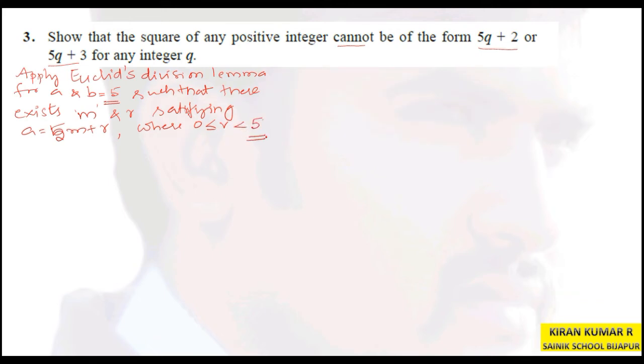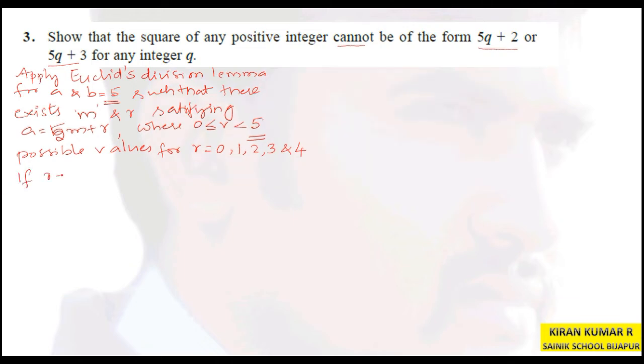In the previous two questions, it was less than 4, so the possible values were 0, 1, 2, 3. Now there is one more added. Possible values for r will be 0, 1, 2, 3 and 4. So we need to find it for r equal to 0, 1, 2, 3 and 4 also.